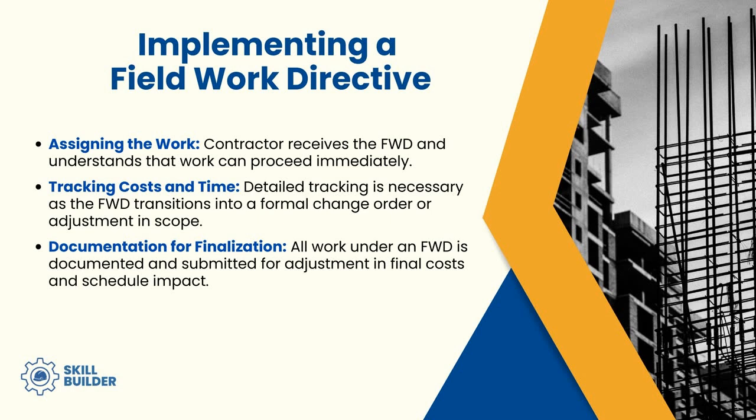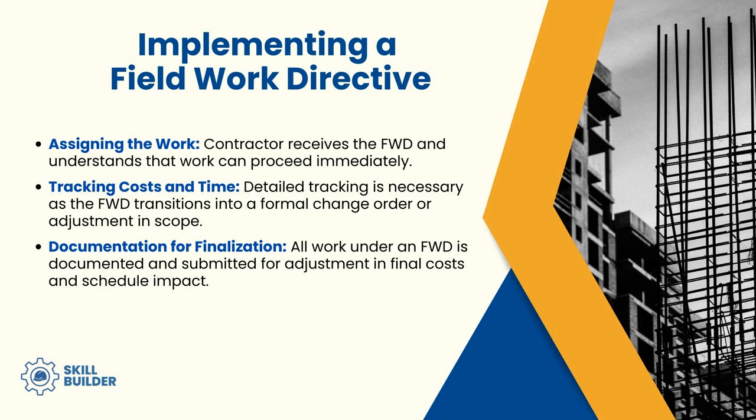So when we're implementing a field work directive, we are going to assign the work. The contractor receives the field work directive and understands that that work can now proceed immediately. We're going to start tracking costs and time so that we can detail what is really original contract work and what may be seen as additional work, and be able to separate those once a deeper assessment of this issue can be reviewed.